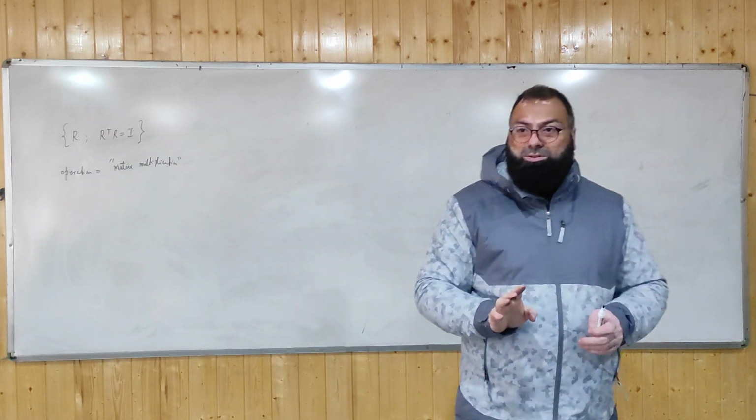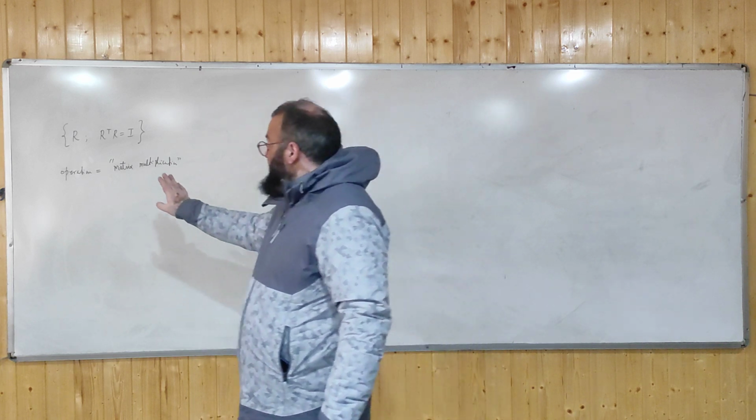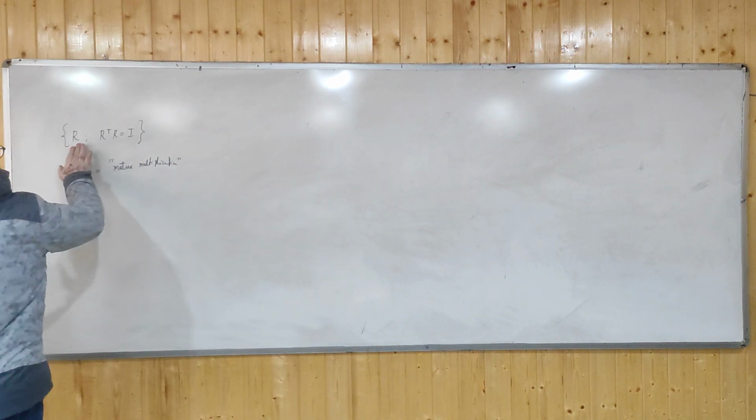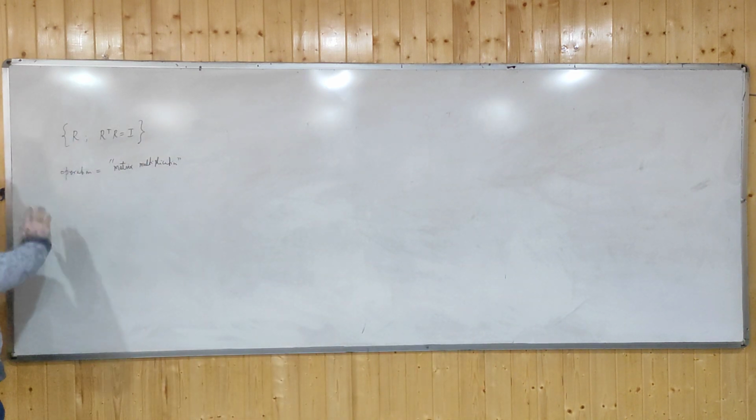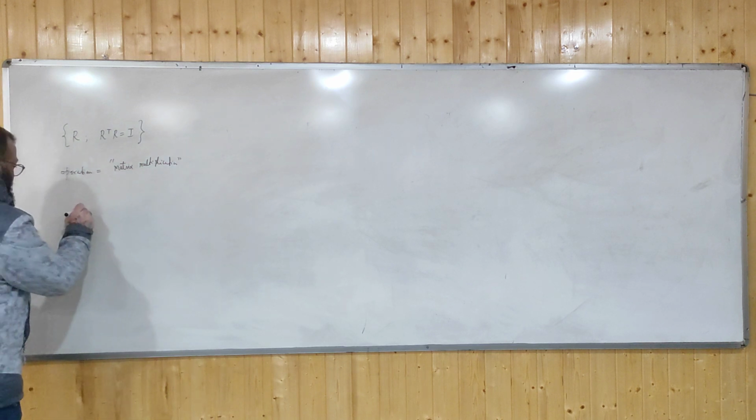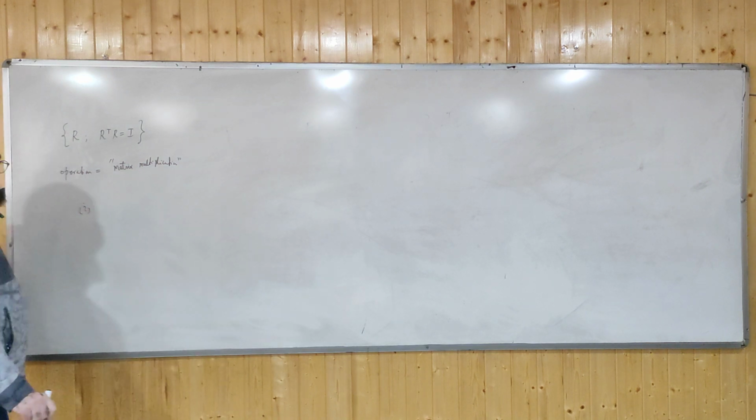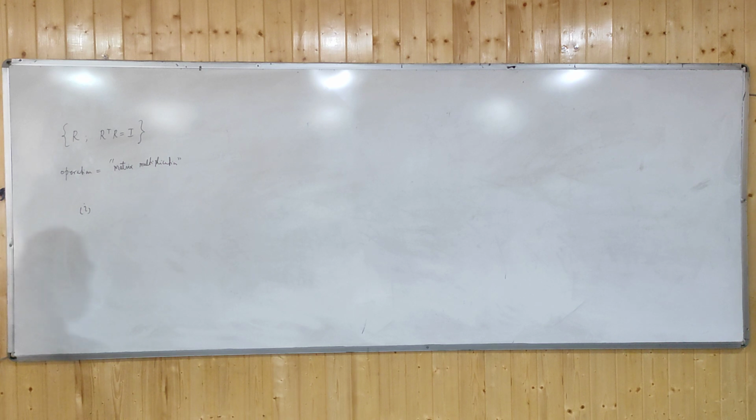So they are square matrices, for the time being 3 by 3, or any arbitrary n by n, there is no problem. I need to figure out the closure relation. Got it? So how to do it?